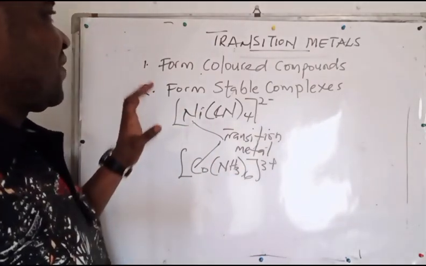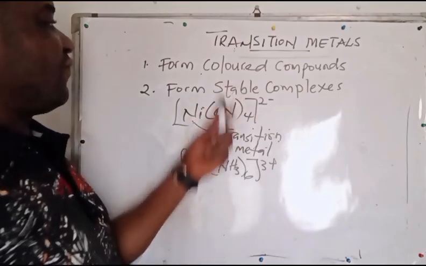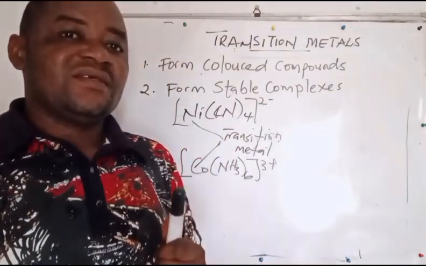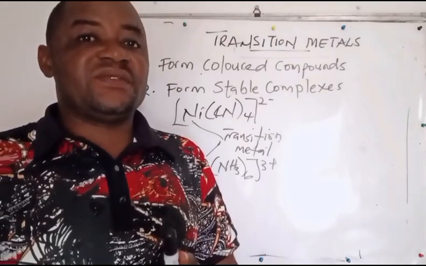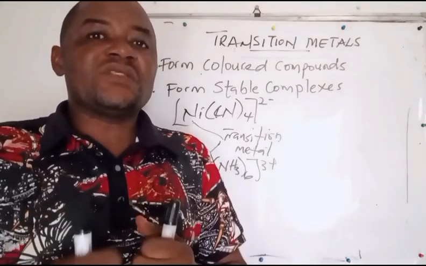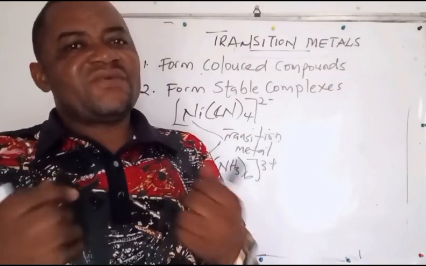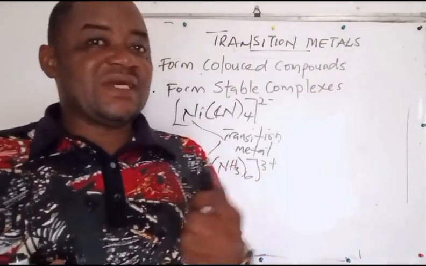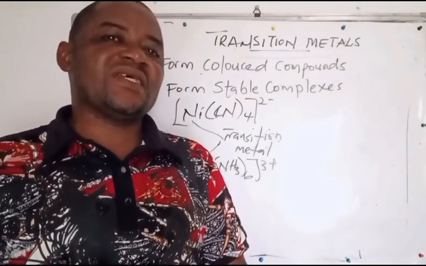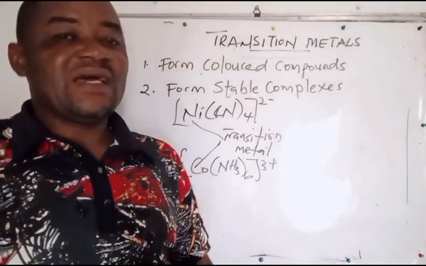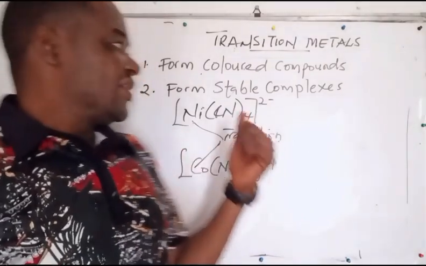Now you see that transition metals also form complexes, and because they form complexes, they are widely used, since their complex nature allows for strong bonding. Take for example myoglobin. Remember that in our last class we mentioned that iron is found in hemoglobin and myoglobin, and iron is a transition metal.